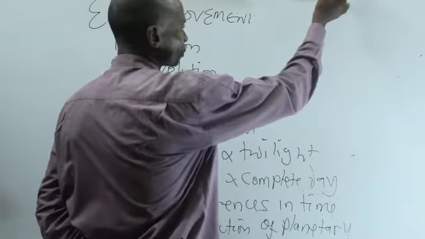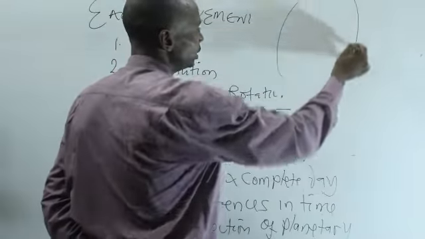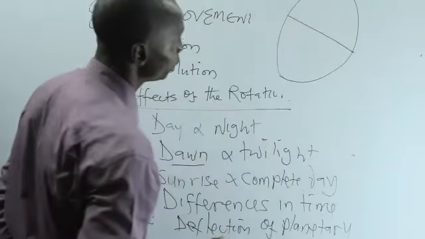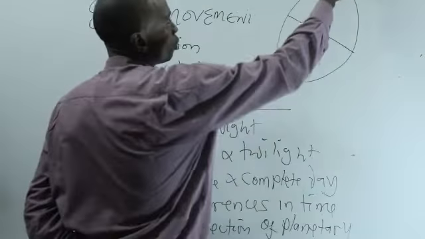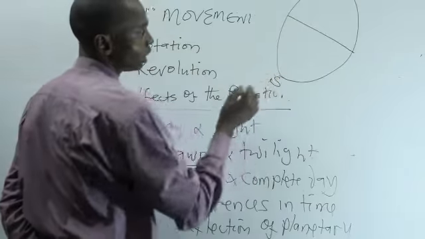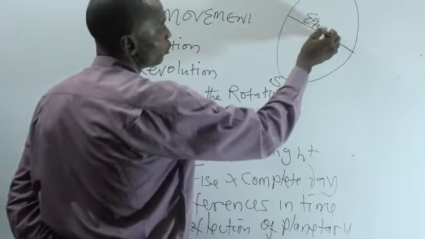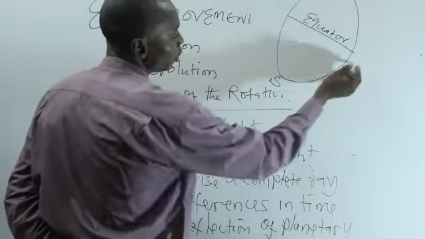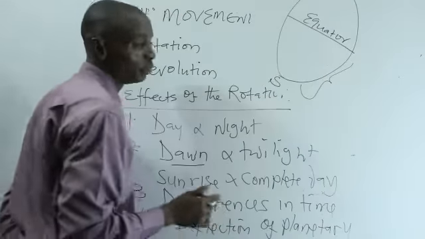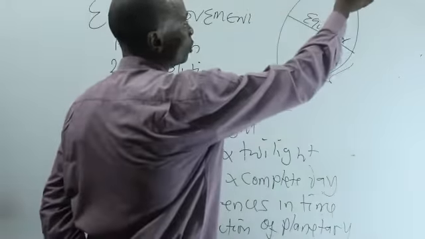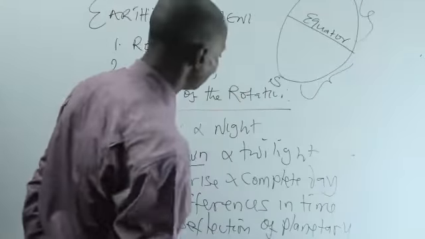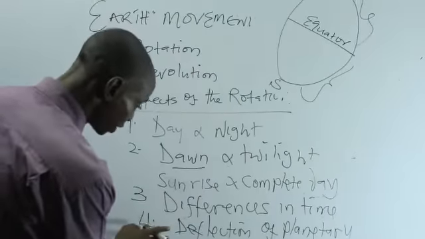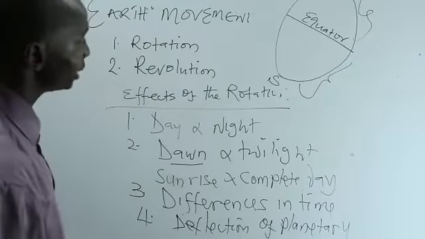Now look at it. This is the earth, and this is what we call the equator. This is the north. This is the south. From the equator to the south we call it what? Southern hemisphere, and from the equator to the north we call it what? Northern hemisphere. So we are trying to explain the deflection of planetary wind.